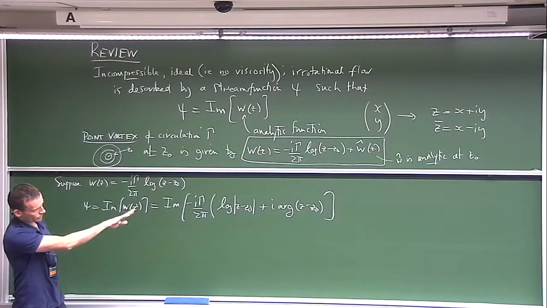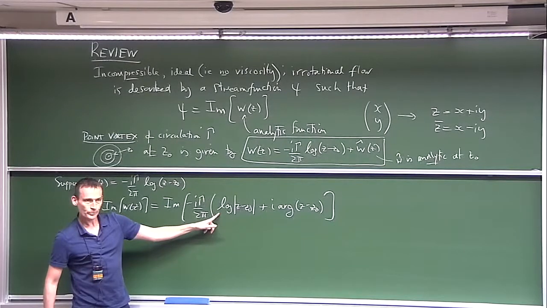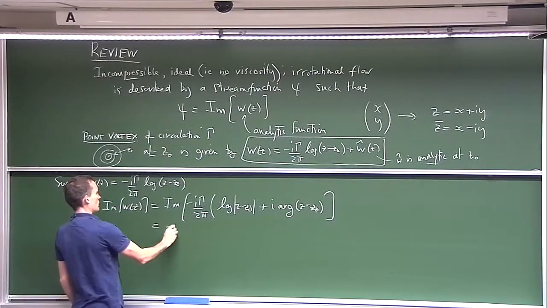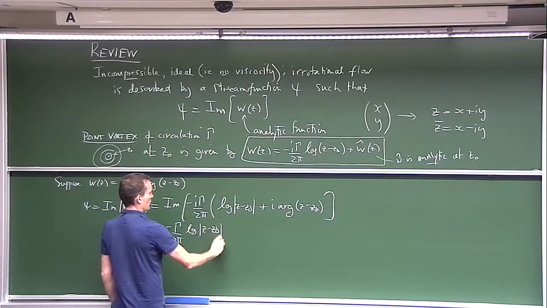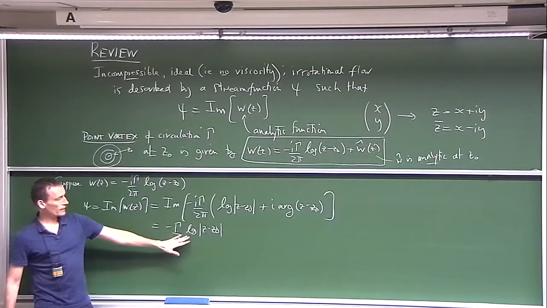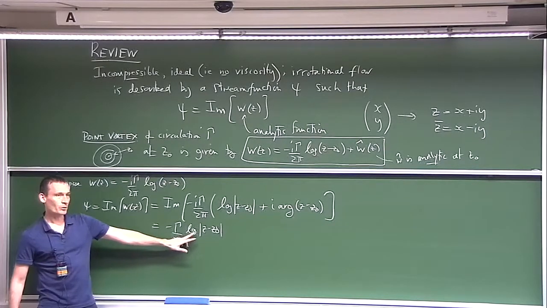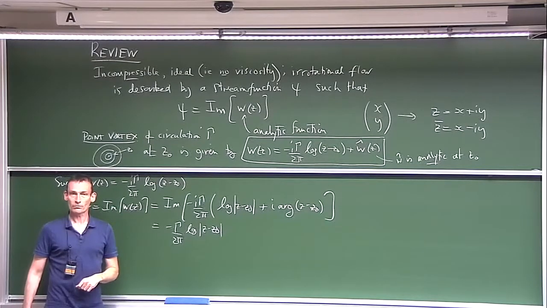Okay, that's the complex logarithm there. And of course, the imaginary part is just this thing. You can see that this is clearly only constant if the modulus of z minus z0 is constant, which are circles centered at z0. Okay.